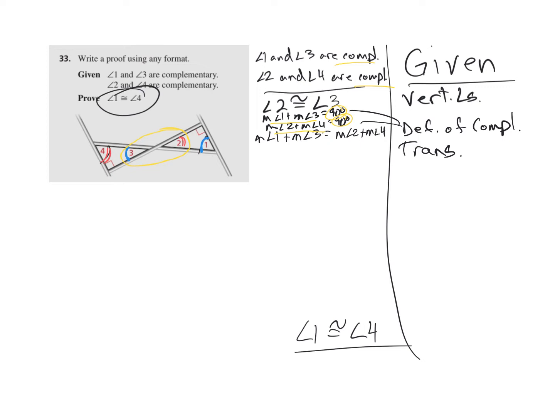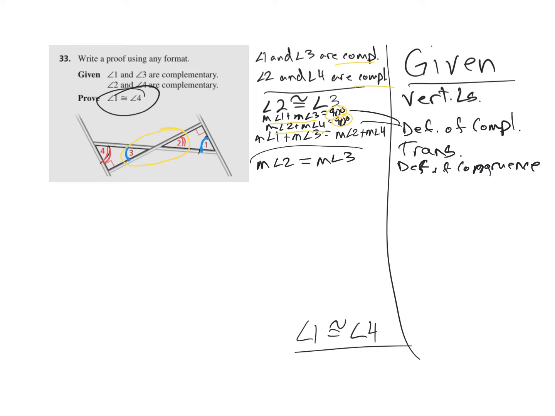And then we said angle 2 is congruent to angle 3. Therefore, you can say the measure of angle 2 equals the measure of angle 3. And that's the definition of congruence, I should say. If two angles are congruent, then their measurements are equal, okay? And vice versa.